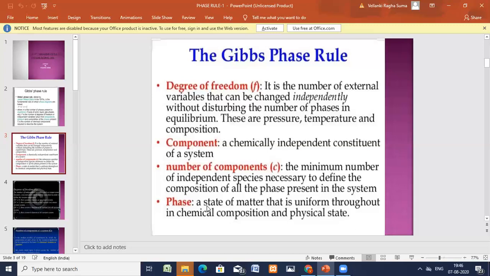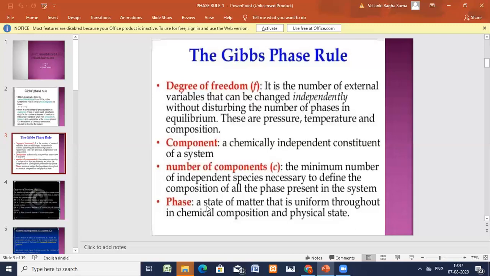In the water system, solid ice is one phase, liquid water is one phase, and water vapor in the gaseous state is another phase. So a state of matter which is uniform throughout in chemical composition, mechanically separable, and physically distinct by a boundary surface is nothing but a phase. Now, what is the number of components?